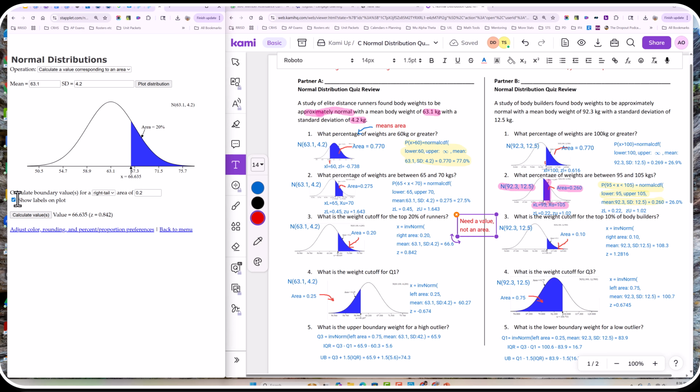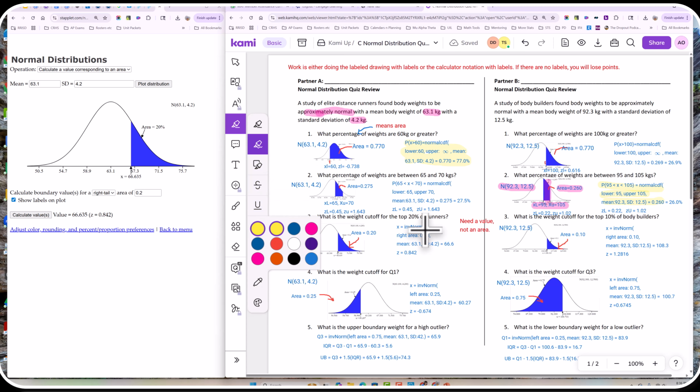All right, so 63.1, 4.2, model here with a normal. Or here you go again. This is the formula for the calculator work. You're going to tell me the area, the mean, and the standard deviation, and that's it. You do not need to give me the z-score. Okay.